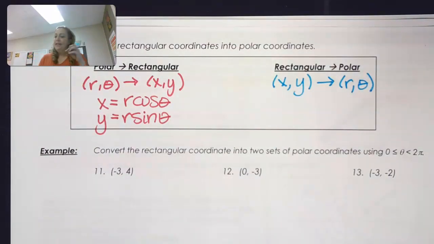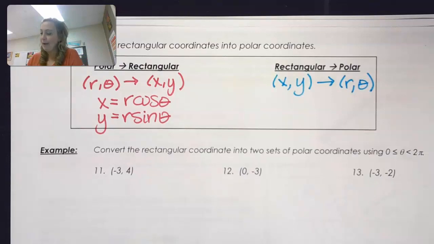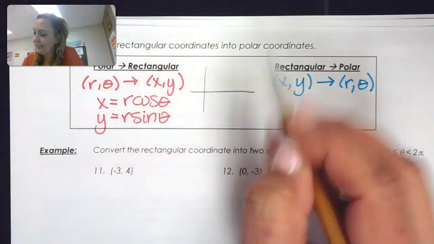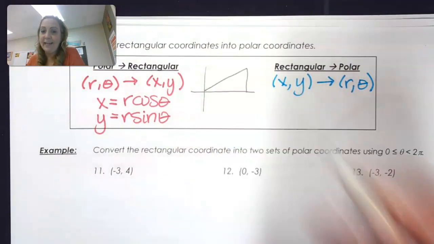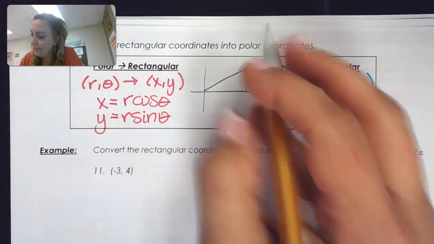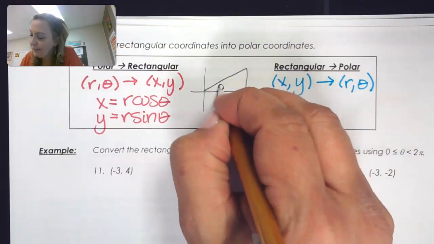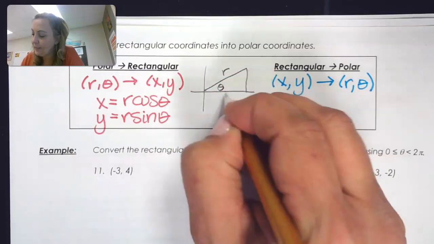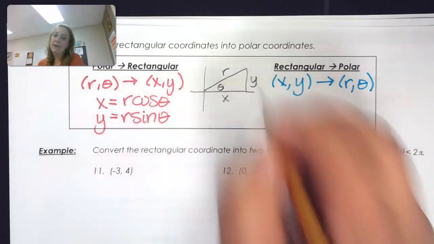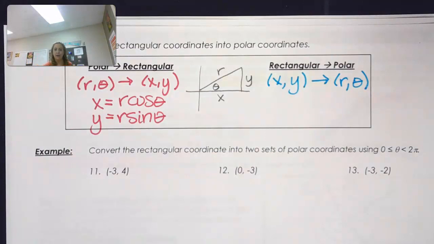Okay? So let's again think about what this is here. We said that in the rectangular system, this angle was going to be theta, this was going to be r, and then these are our x and our y. So let's see, given x and y, what could we do to find r, and what could we do to find theta?